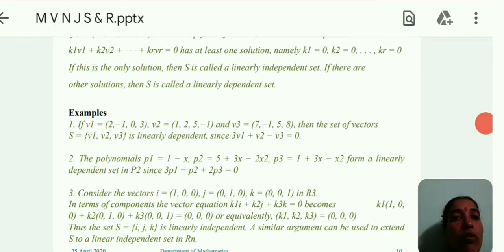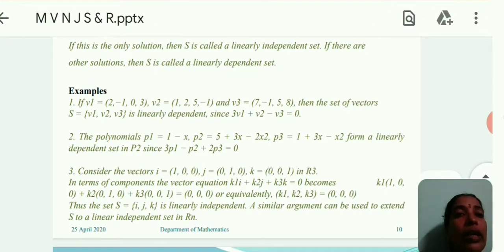If this is the only solution, then S is called a linearly independent set. If there are other solutions, then S is called linearly dependent.